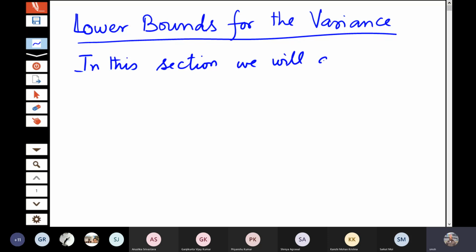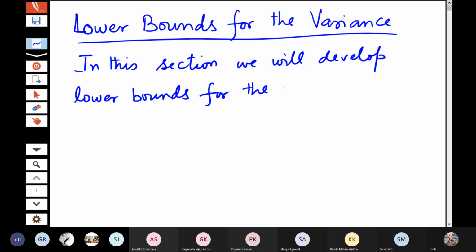We will develop lower bounds for the variance of an unbiased estimator.